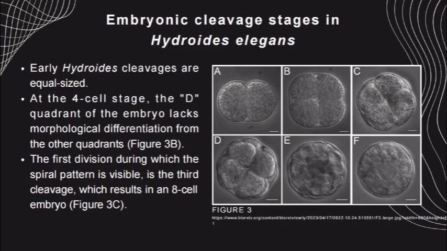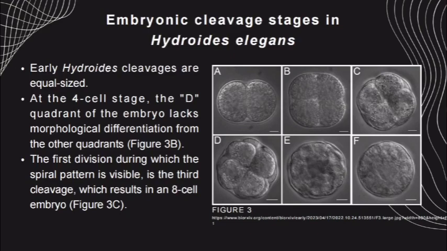Now, from the zygote, after successful fertilization, we have the embryonic cleavage stages in Hydroides elegans. Early Hydroides cleavages are equal sized, as you can see in the figure.